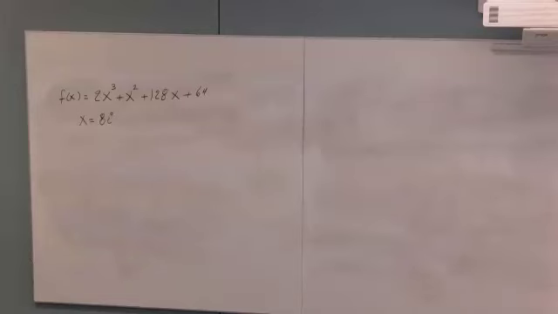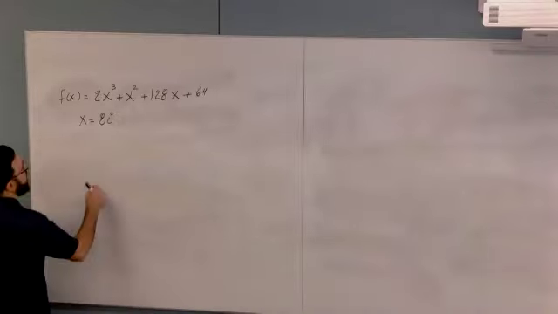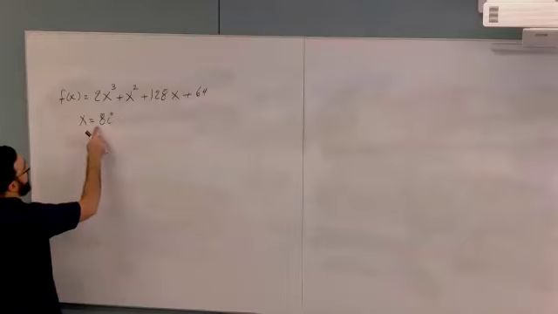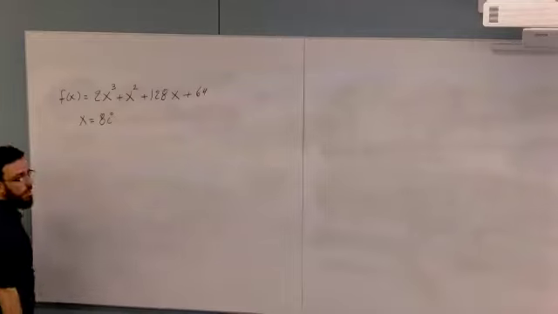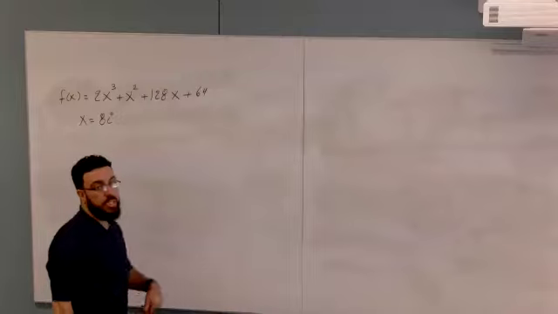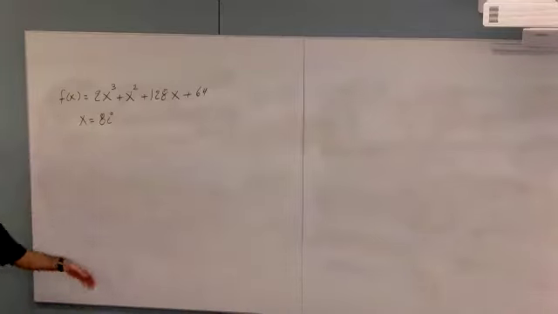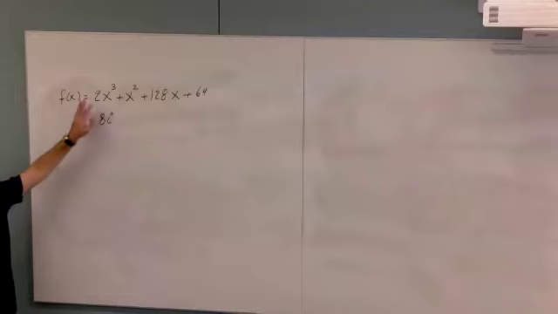Here's the next question. We have this polynomial, and we need to prove that x equal 8i is a 0 for the polynomial. That means when we use the synthetic division, the remainder should be equal to 0. If it's not equal to 0, that means this is not a 0 for the polynomial.